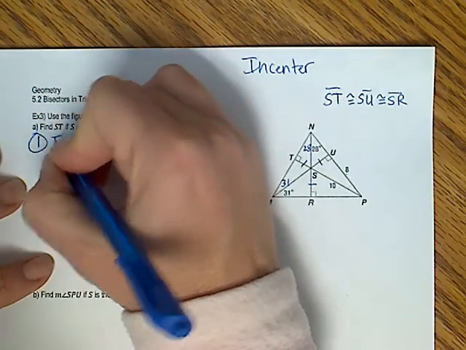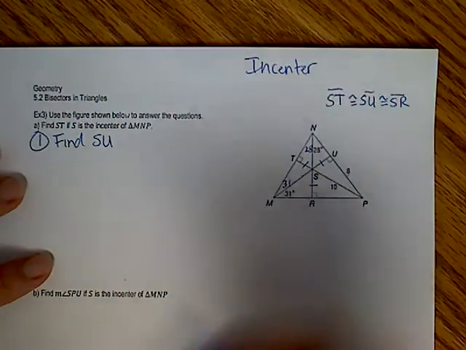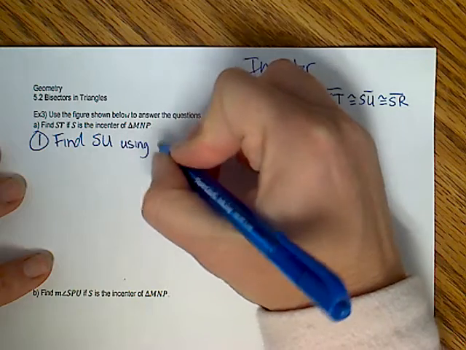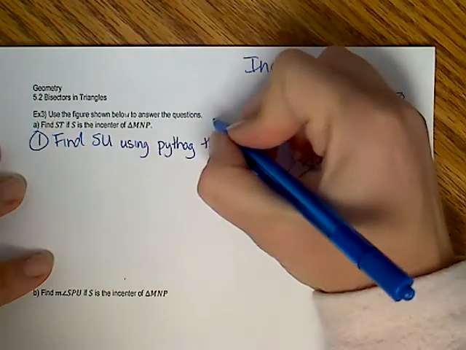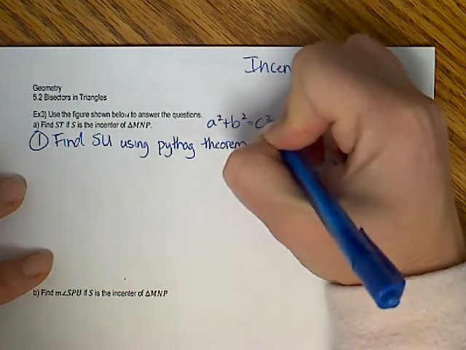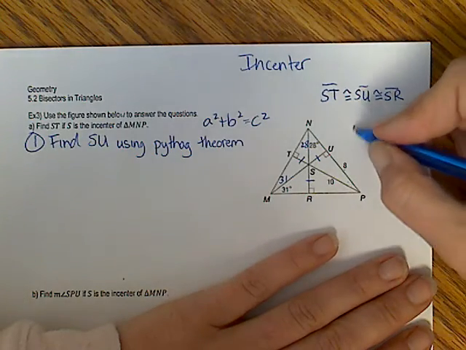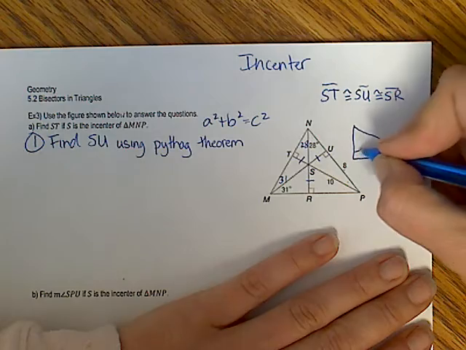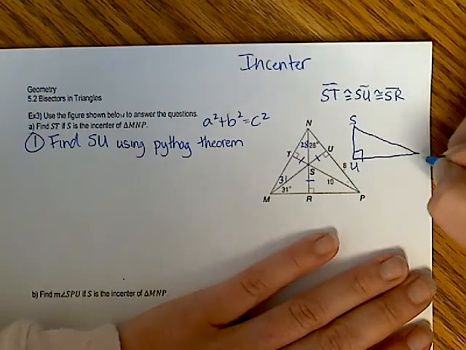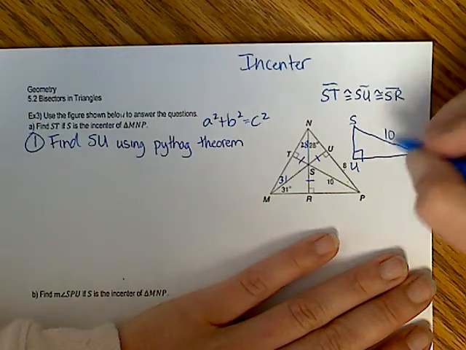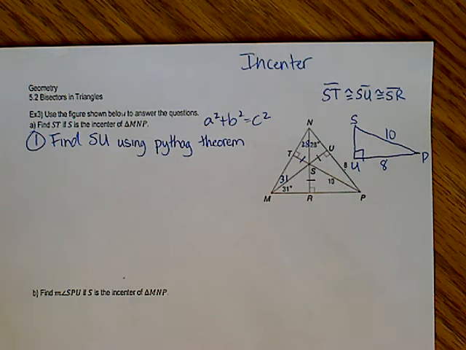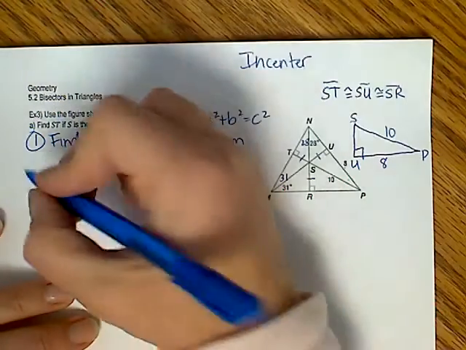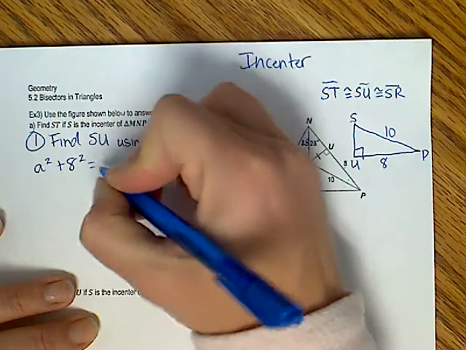So step 1: find SU using the Pythagorean Theorem. A squared plus B squared equals C squared. And here's the triangle. I'm flipping it and turning it, but it's still SUP. 10 and 8, so I need to find SU. Do you remember Pythagorean Theorem, you guys? A squared plus 8 squared equals 10 squared.